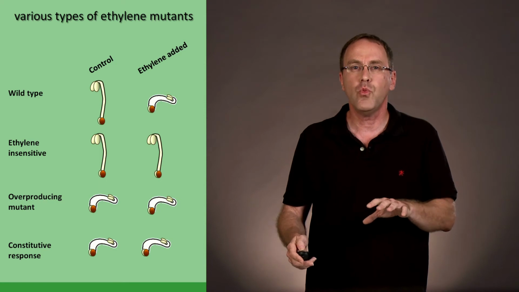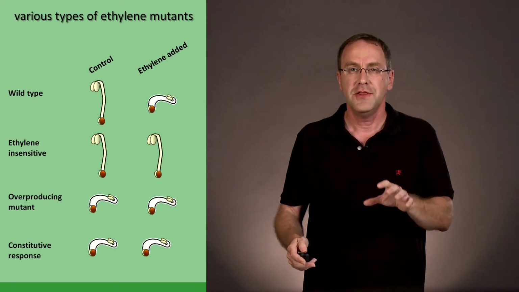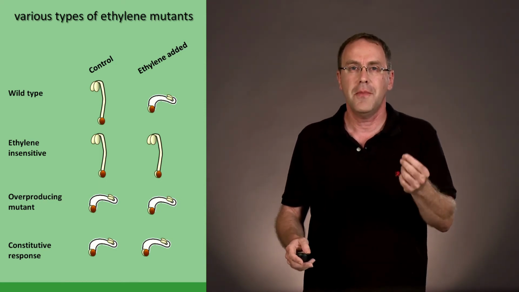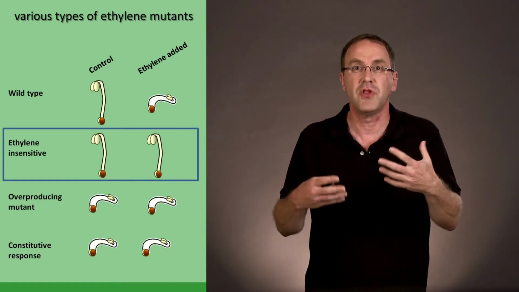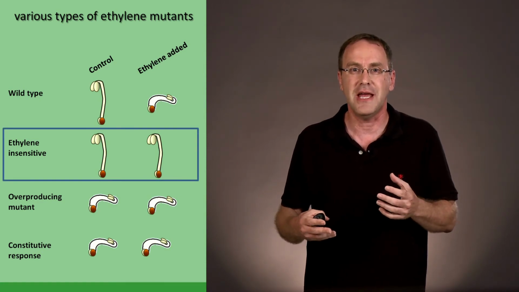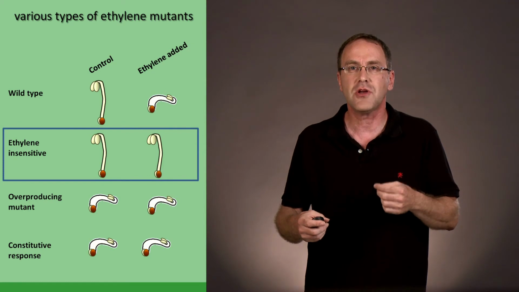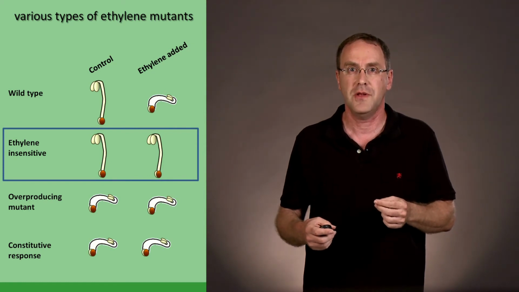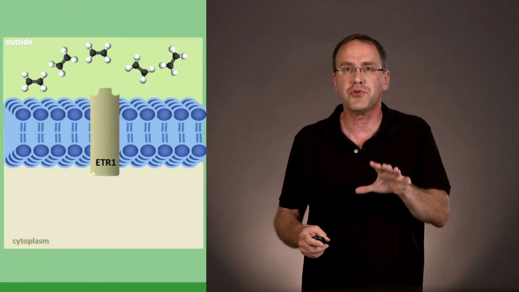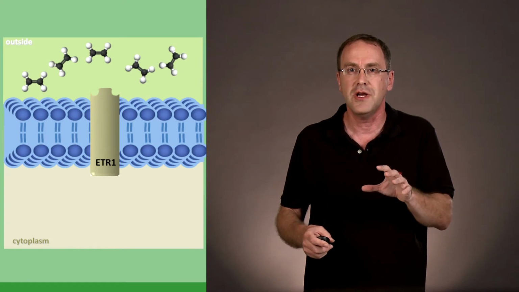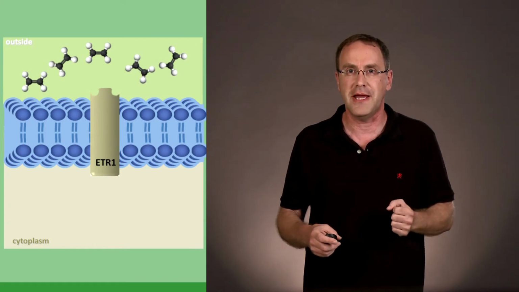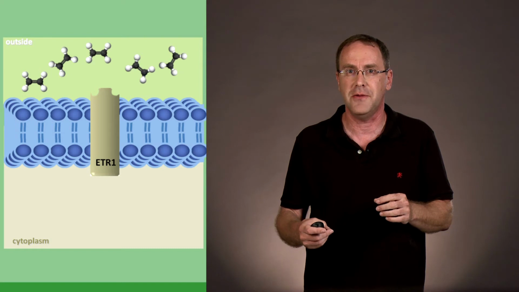But let's get back to what the ethylene receptor is. These mutants, for example, that are, I don't want to say blind, but have lost the ability to respond to ethylene, are mutant in what's called the ethylene receptor. Now, the ethylene receptor was the first protein that was really shown to be a receptor of a hormone in plants, and this was done back in 1993.